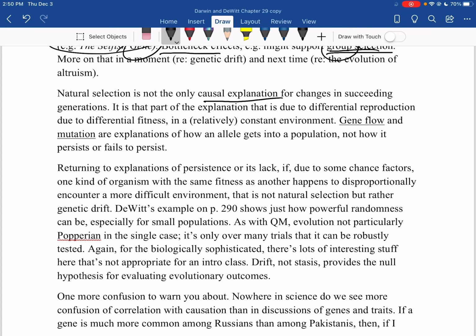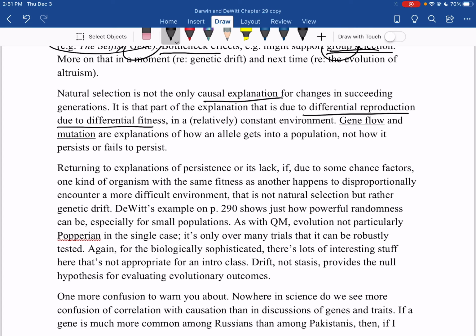Natural selection is that part of the explanation that explains the genes as due to differential reproduction, due to differential fitness, right? Some creatures are better able to survive in a given relatively constant environment. All other things equal, they will tend to reproduce, and so their genes will tend to get increased representation compared to other causal explanations of genes in the next generation.